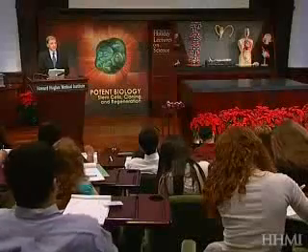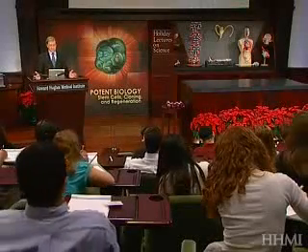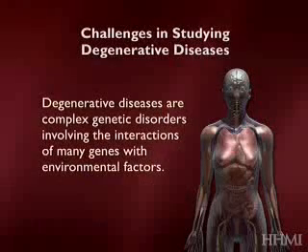So let me go back to degenerative diseases and remind you about why these have been so confoundingly difficult to treat. Degenerative diseases, the diseases I mentioned before where cell types go missing, are difficult to study because they're complex genetic disorders. It's not a single gene, but a set of genes that lead to the defect.